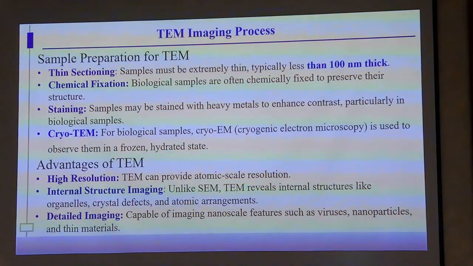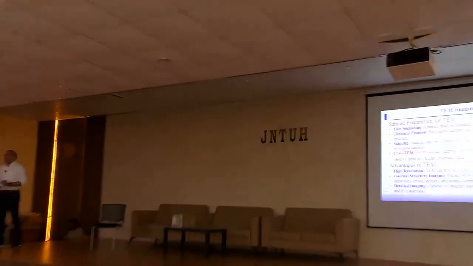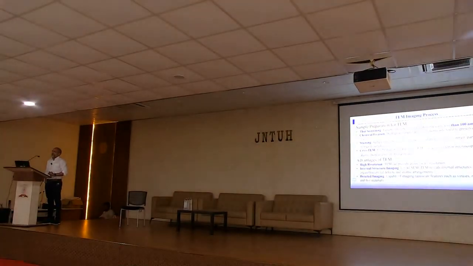The processing: first is sample preparation, how to prepare the sample. You should have thin sectioning. If your sample is in the form of a film, you need to cut it into a very thin form, less than 100 nanometers thick. If it is thicker than that, maybe electrons cannot transmit through the sample, and it will be very hard to have the image.